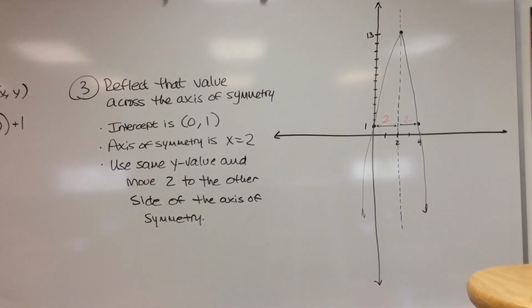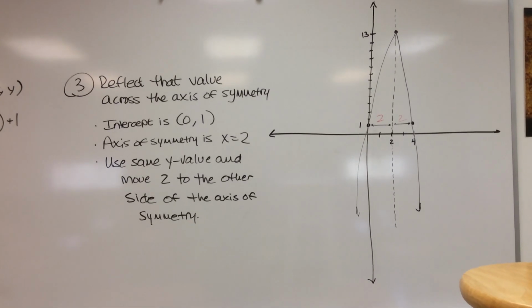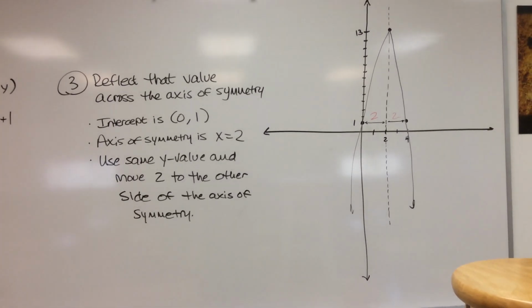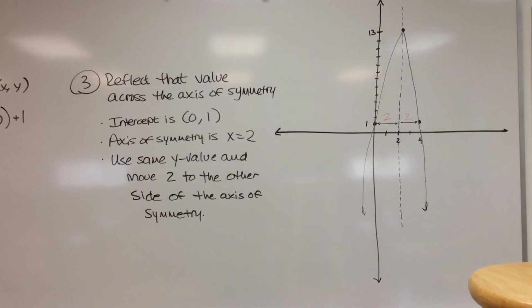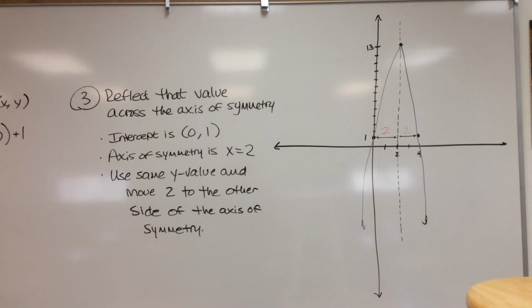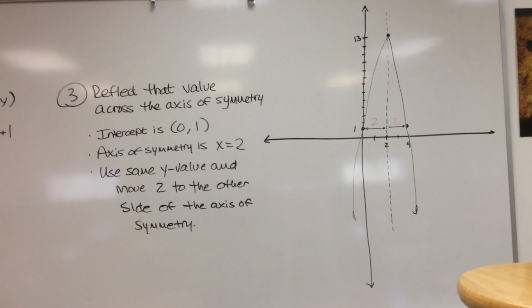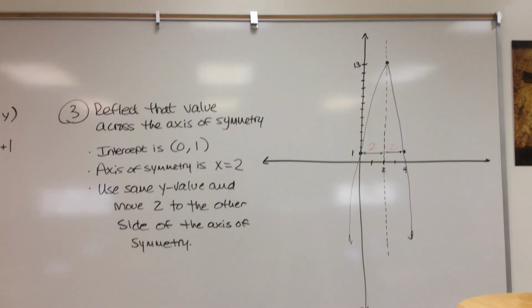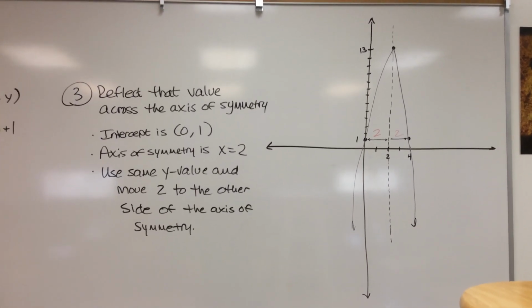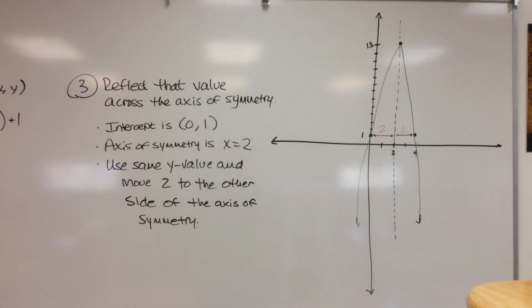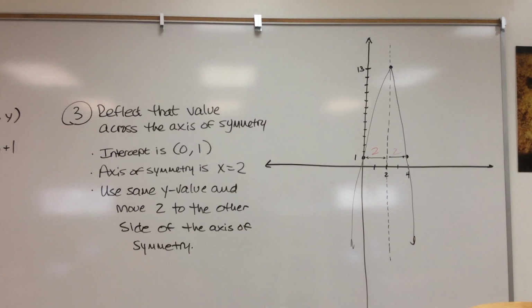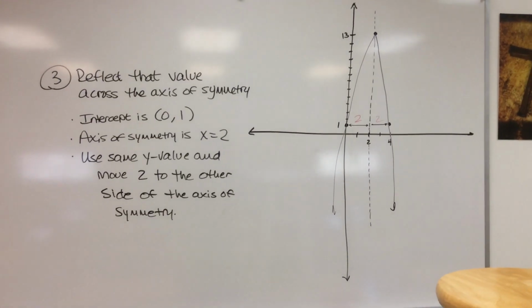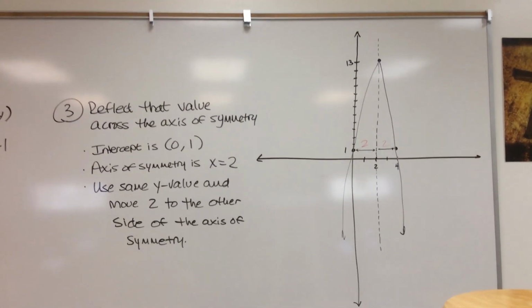It's still going to be at positive 1 for y, but instead of 0 for x, it's going to go 2 over to the axis of symmetry, and then another 2 over for where it lands on the reflection. Okay? So our final point that we need to graph our parabola for this particular function is going to be 4, 1.